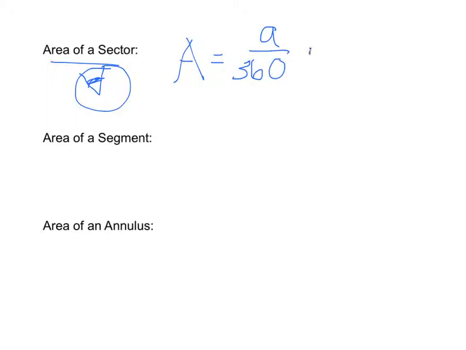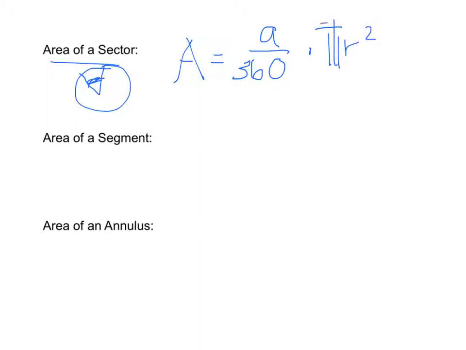So now I'm going to go over the formulas for how to find the areas of these regions. So the area of a sector can be found by, so it's A for the angle. So if we have our circle, it's the angle right here, that's A, divided by 360 times pi r squared.